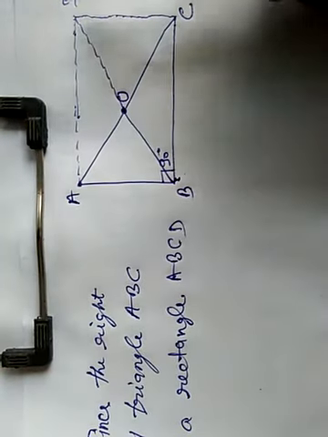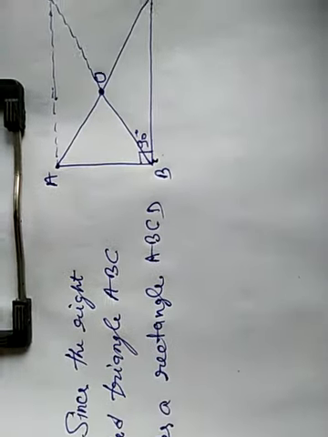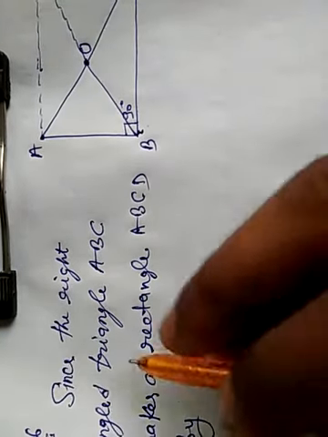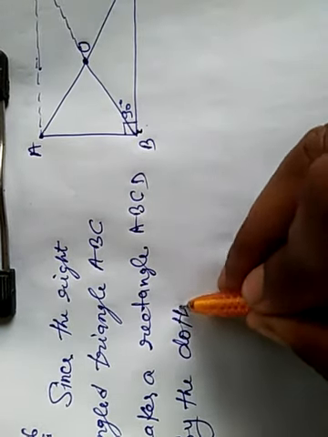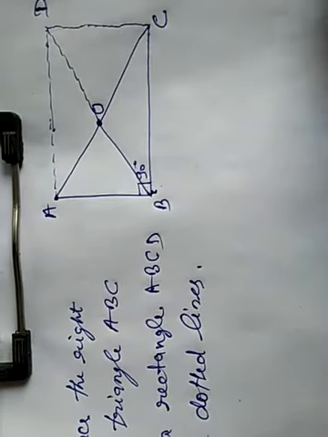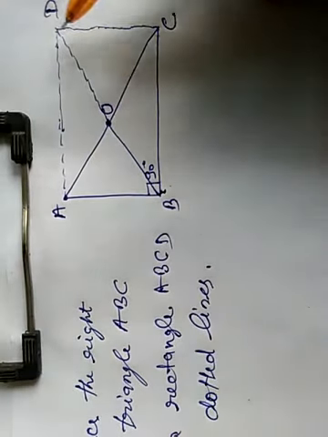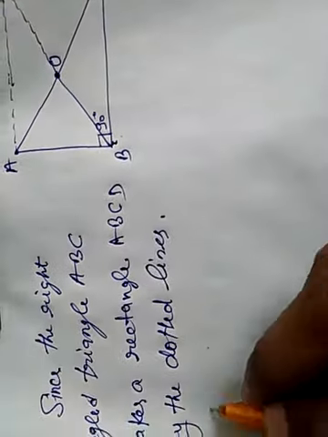Clear? By the dotted lines, मीन्स ये है कि हमने डॉटेड लाइन की हेल्प से एक रेक्टेंगल फॉर्म कर लिया ABCD.